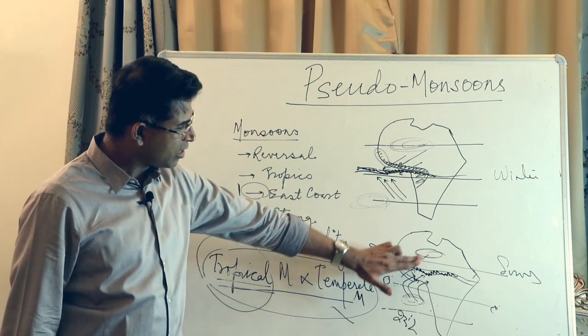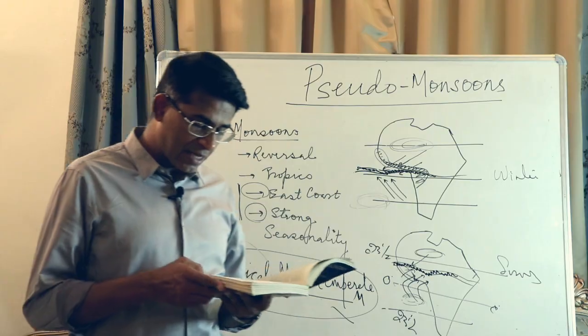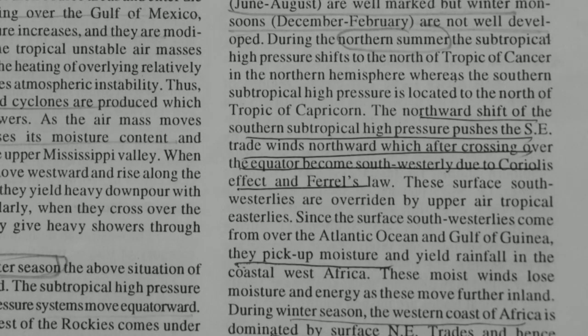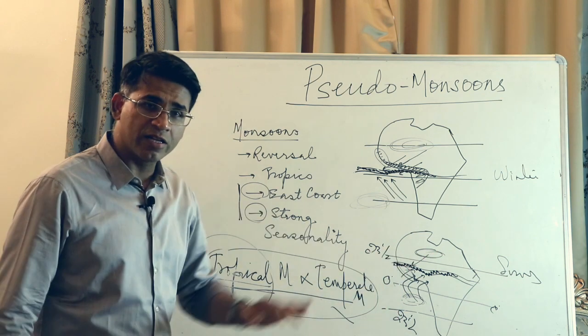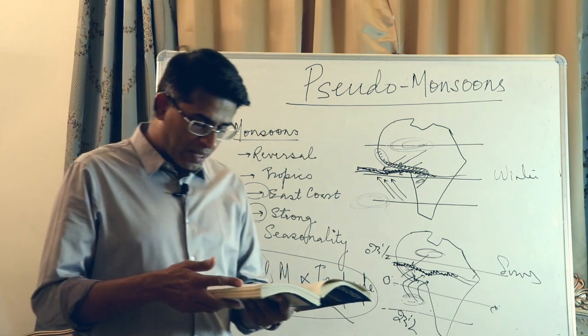So I repeat, it says that during the northern summer, the subtropical high pressure shifts to the north of the Tropic of Cancer in the northern hemisphere, whereas the southern subtropical high pressure is located to the north of the Tropic of Capricorn. The northward shift of the subtropical high pressure pushes the southeast trade winds northwards, which after crossing over the equator become southwesterly due to Coriolis force and Ferrel's law. So as it has gone northward, the southeast trades have now crossed the equator and turned because of the Coriolis force. It explains there how it picks up moisture.